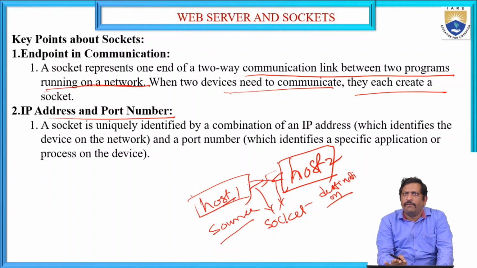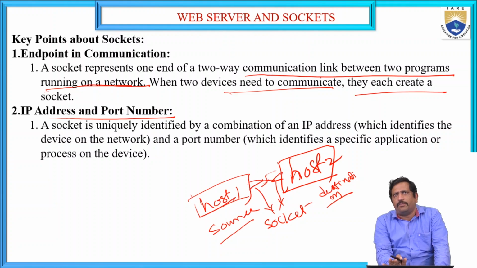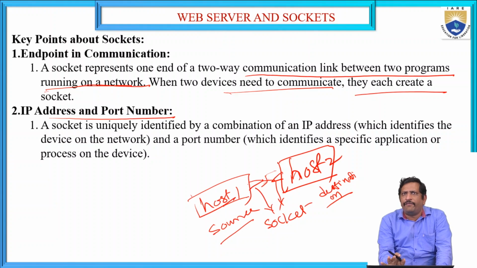For the particular device to which we want to transfer the data, we take its IP address and the port number of the particular network. With the help of the IP address and the port number, we can define the address of the device, and data can be transferred.